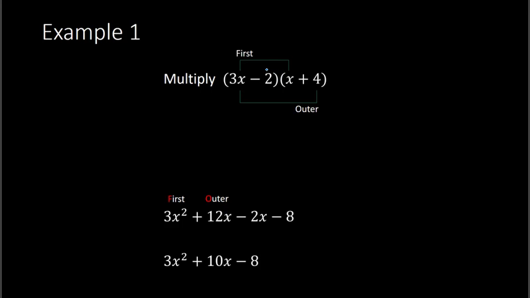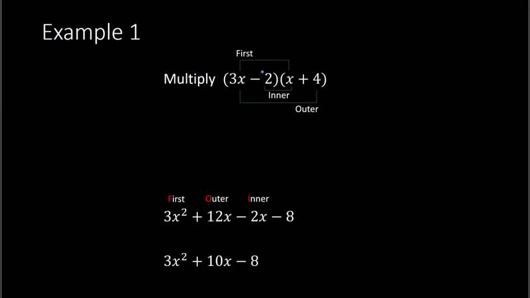And then we distributed the negative 2 to both terms. Negative 2 times x, that is the inner numbers. So that third term is found by multiplying the inner numbers together.